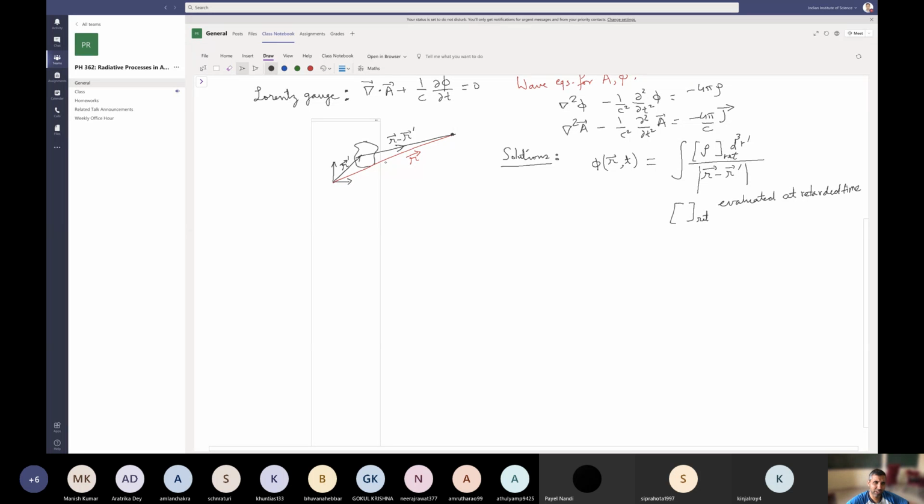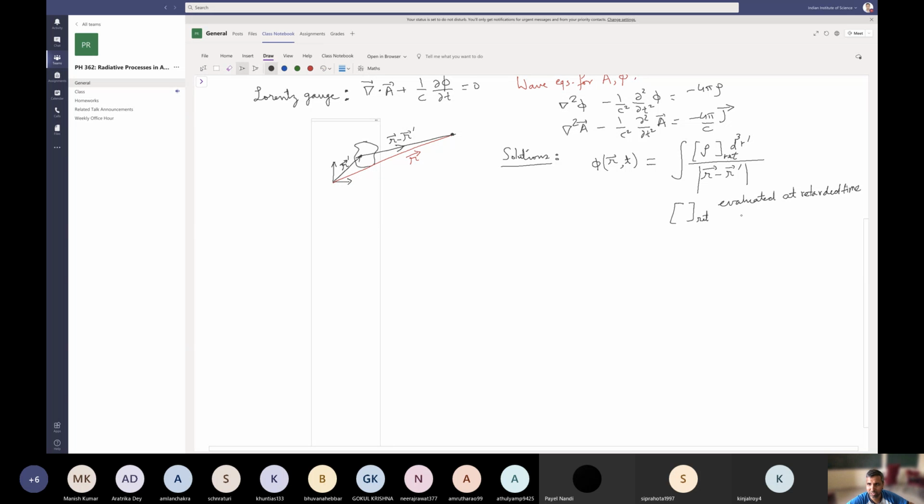Now, this is the center of your coordinate system. You want to know the potential here as a function of r and t, right? But because of the wave nature of this equation, the Green's function is such that it must take into account the fact that the field here at the present time t is caused by the charge at r prime, not at the present time, but at a time which is smaller than the present time by the light propagation time.